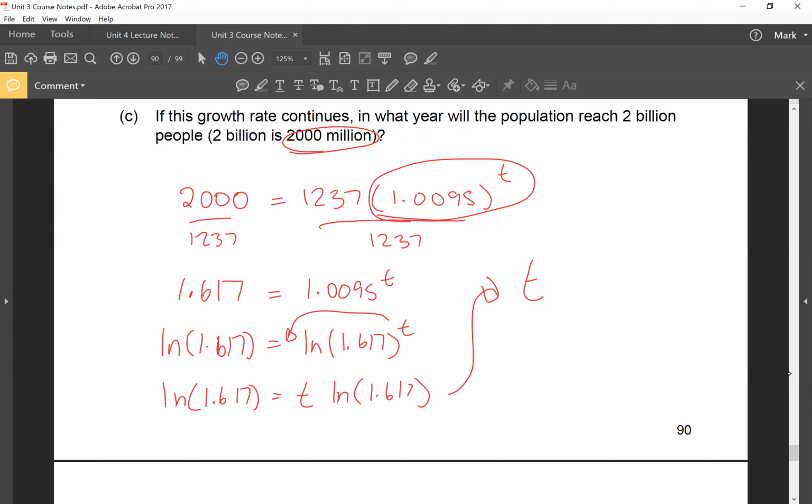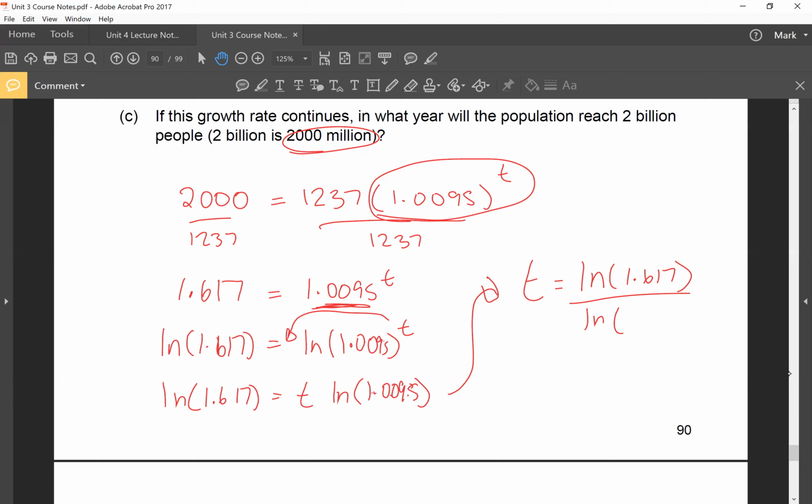So I finally solve for t. It will be ln 1.617 divided by ln. Oops, sorry. I'm not trying to go quick, I'm just trying to get this question done because I want to see if you got the right answer. Obviously, this number here is 1.0095.